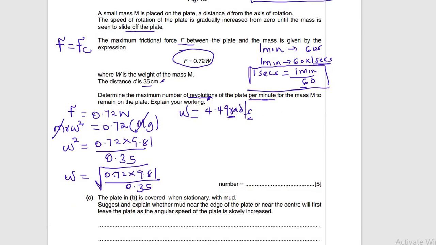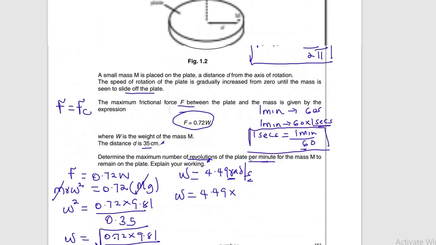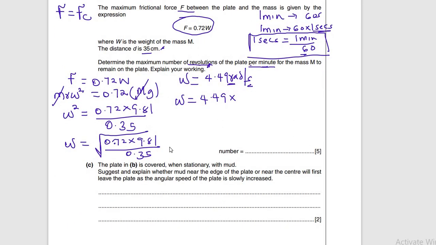So let's go back. We have 4.49, remember, radian is on top. And our radian is 1 revolution over 2π. Remember, that's radian divided by second. 1 second is 1 minute over 60.